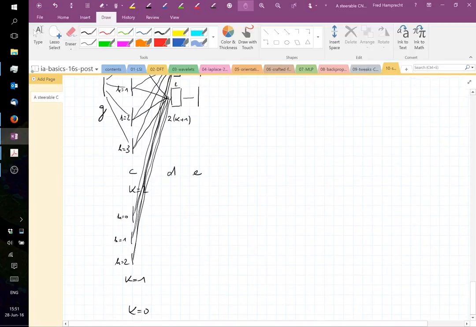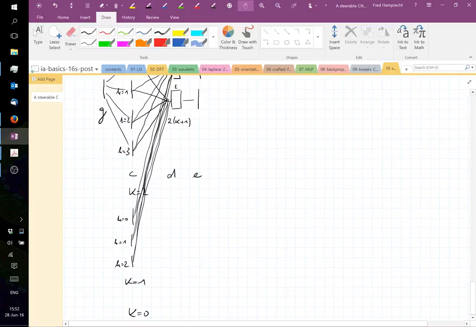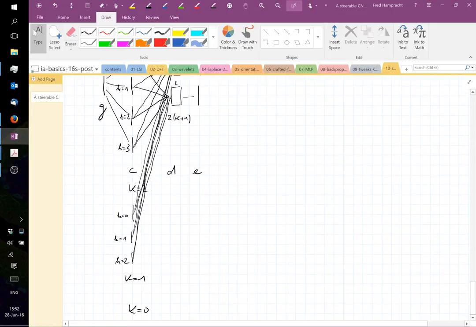So each filter can be composed out of various filters of capital K. And from the same set of basis filters, I can synthesize different filters with different responses.